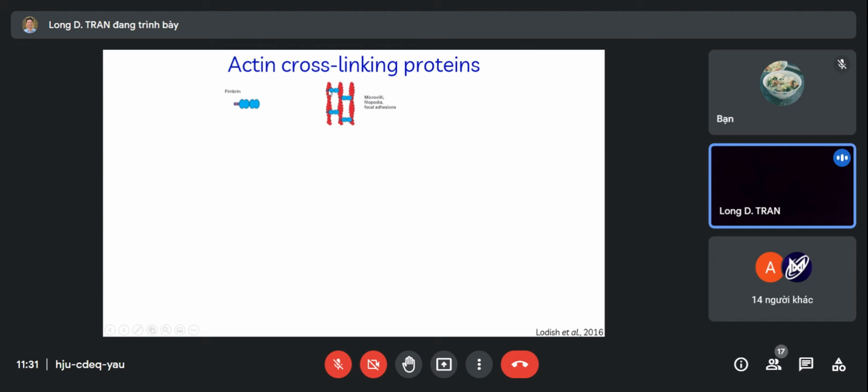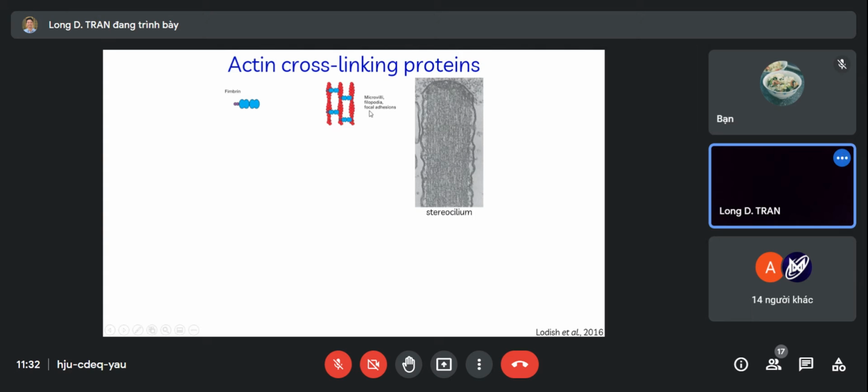Because it has two different actin-binding domains, it can bind to two different actin filaments at the same time, and together they form a parallel bundle of actin. This fimbrin can be observed in microvilli, in filopodia, as well as in focal adhesions of the cell.